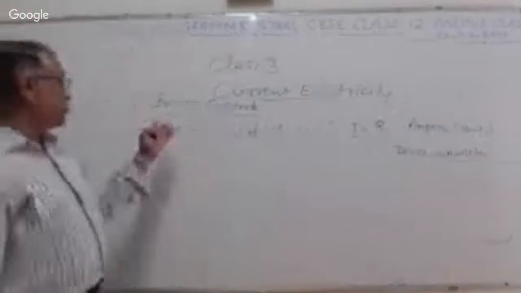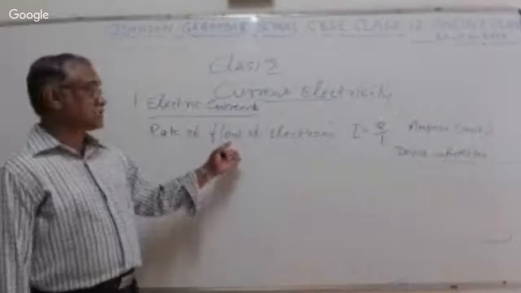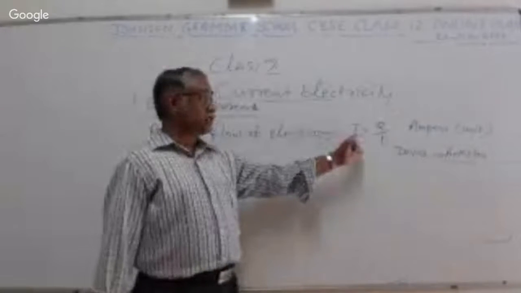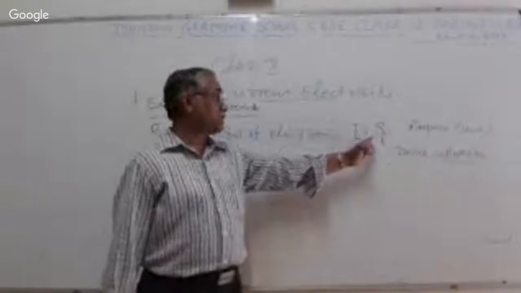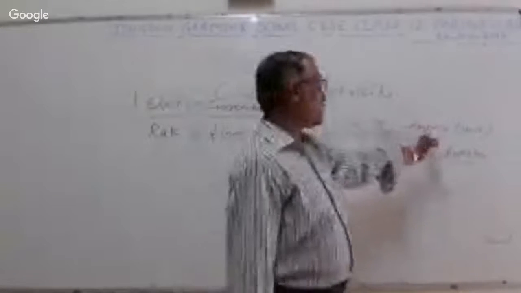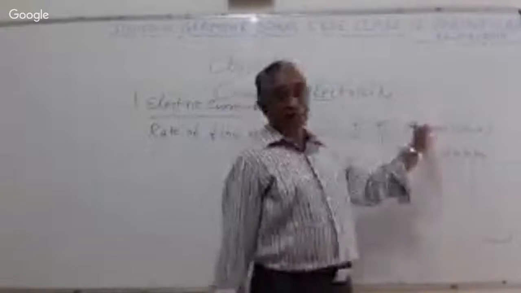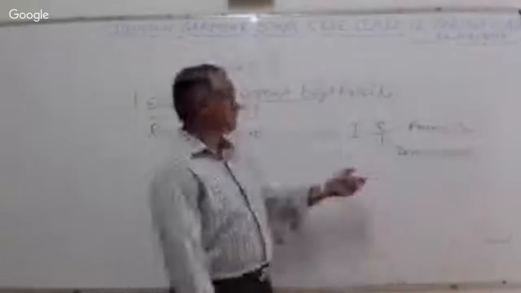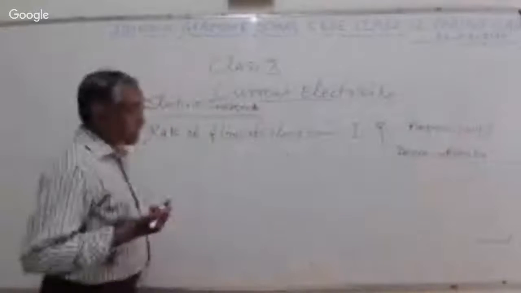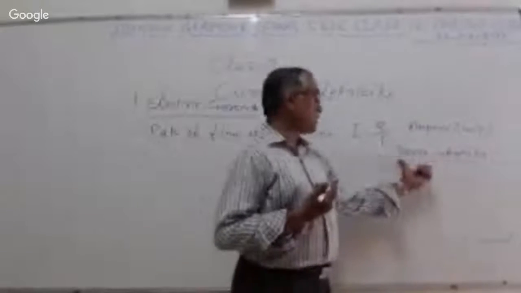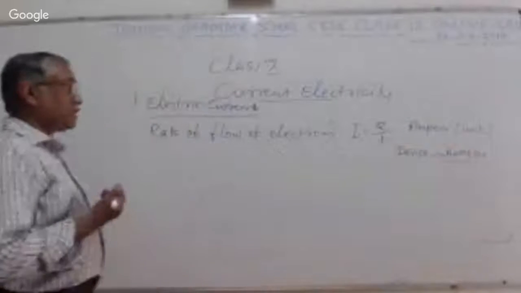So we know what is electric current, the rate of flow of electric charges, and its equation is I is equal to Q by T. Its measuring unit is ampere, which is an SI unit. You are familiar with the SI system of units. So ampere is the unit of measurement of electric current, and the device we use is the ammeter.